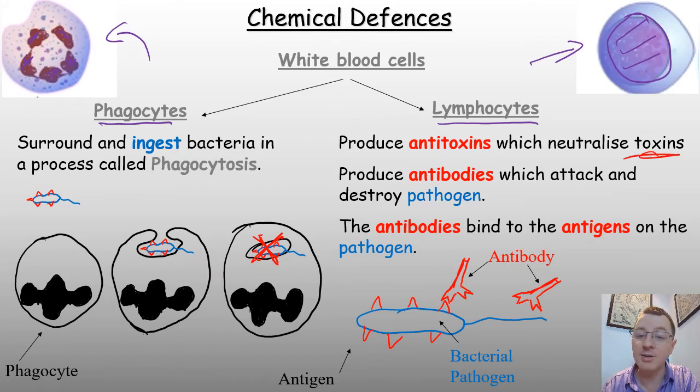Lymphocytes produce antibodies, which will attack and destroy the pathogen, because the antibodies can bind to the antigen on the pathogen's surface, and this reaction will either make phagocytosis easier by clumping large numbers of pathogens together, or sometimes the antibody itself is enough to destroy the pathogenic bacteria, thus keeping you safe from that pathogen.